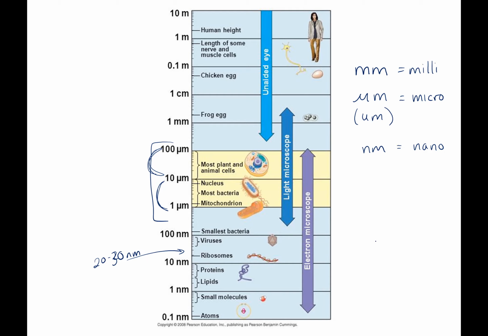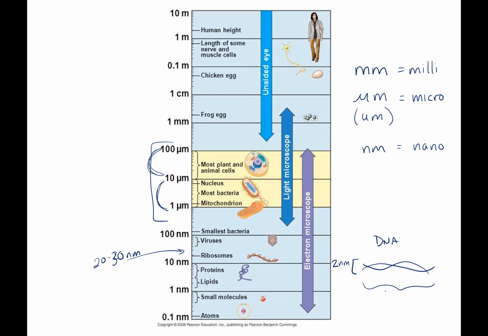DNA, our double helix, is about 2 nanometers thick and can be long. Right? So they say you can line up the DNA in one cell end to end, and it can be like a meter long, and it's all compacted into our nuclei.